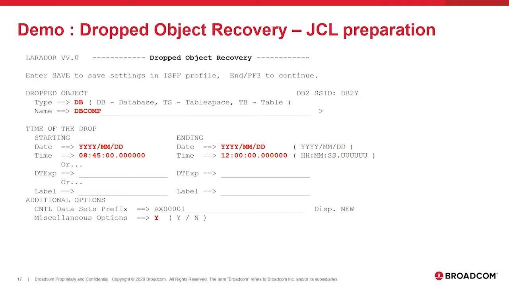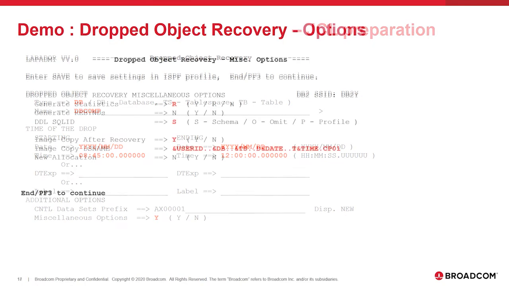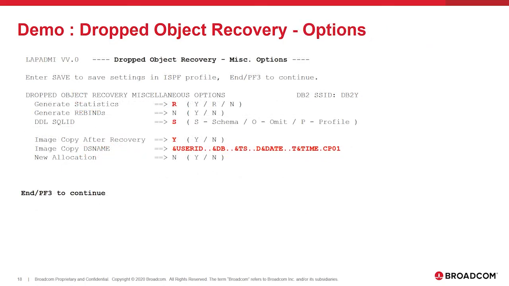We also have additional options. So I put yes in miscellaneous options, and I go to the next panel. Generate statistics option: specify here to include a step to recover statistics from the Db2 log.